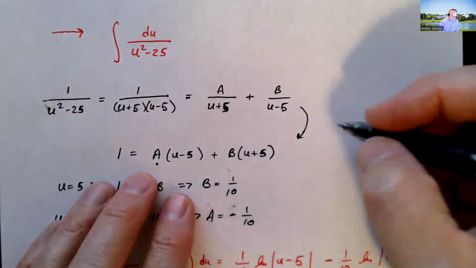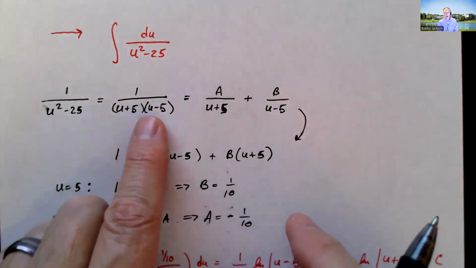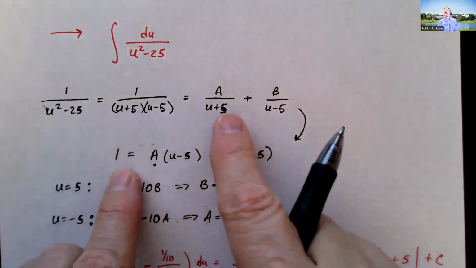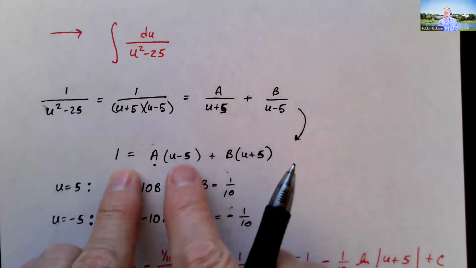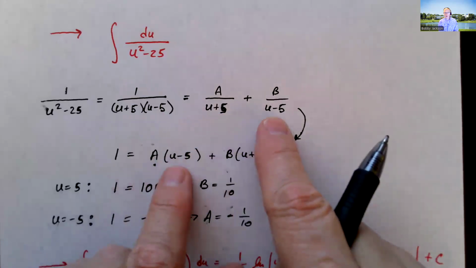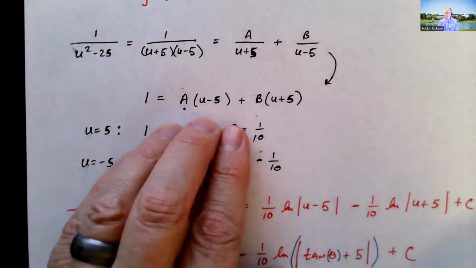Multiply both sides by this least common denominator of u plus 5 times u minus 5 on both sides of this equation. Over here, I just get 1. Here, the u plus 5s will cancel, leaving me a times u minus 5. And here, the u minus 5s will cancel, leaving b times u plus 5.